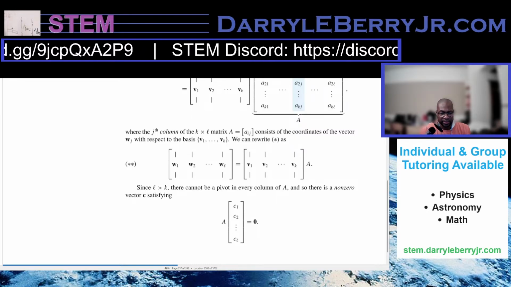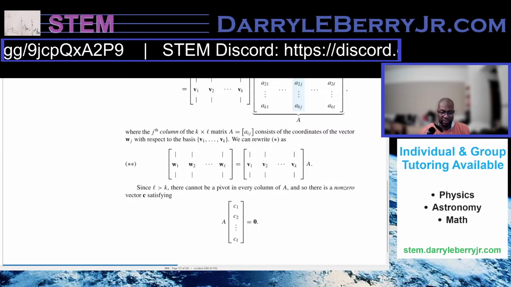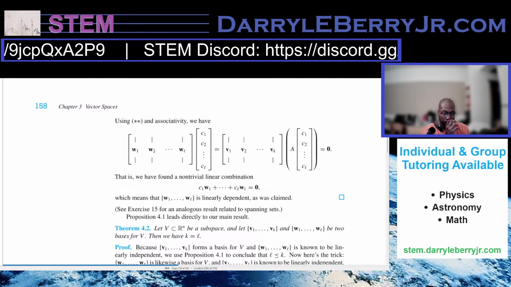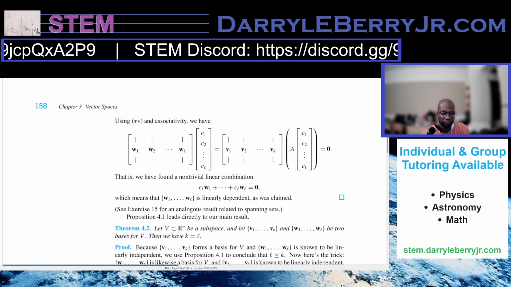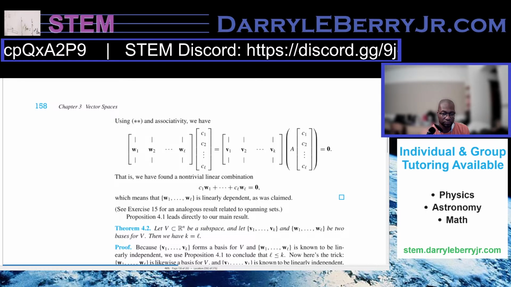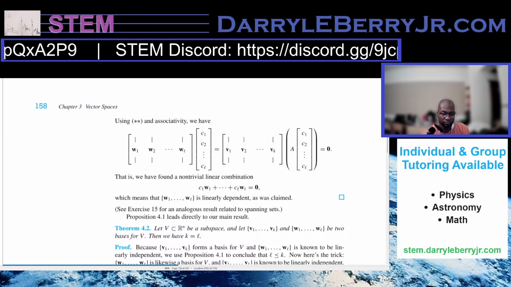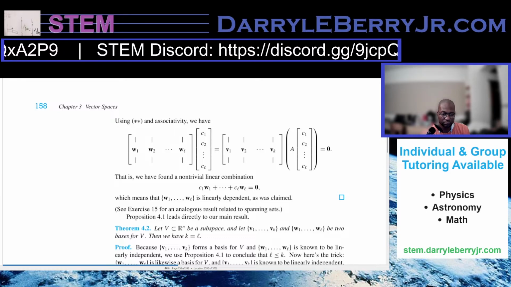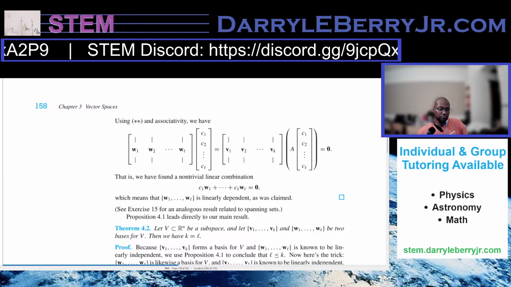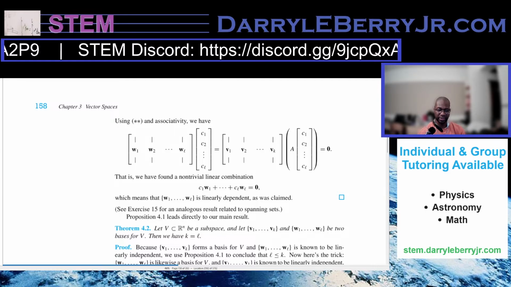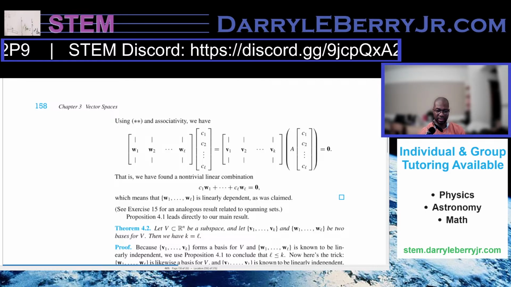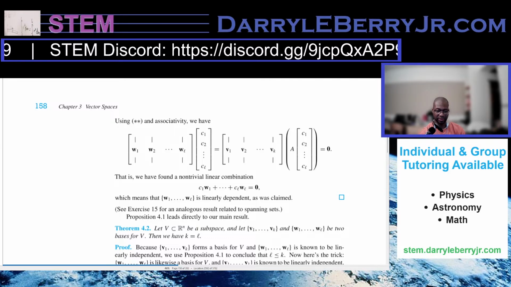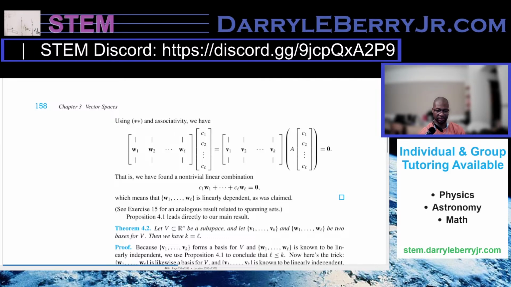So I think they're saying that they're taking that entire row and making it a matrix. We have found a non-trivial linear combination C1W1 to CLWL equals zero, which means that W1 to WL is linearly dependent as was claimed.